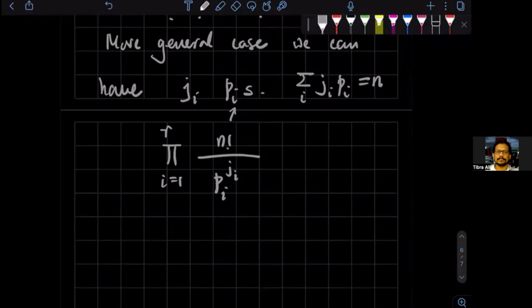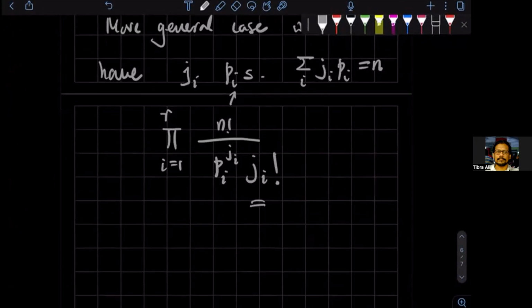of j_i sizes, they themselves, there's going to be redundancy in being able to choose them. So therefore, we are overcounting here. So we have to also divide by j_i factorial, right? Is this clear why we're doing this?